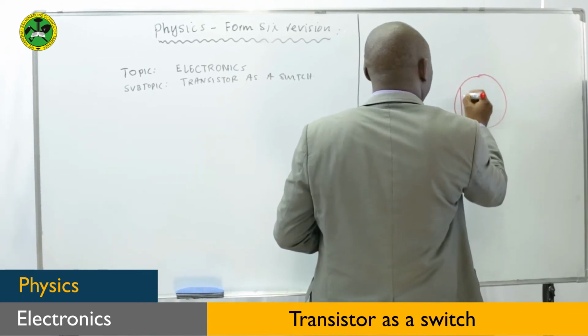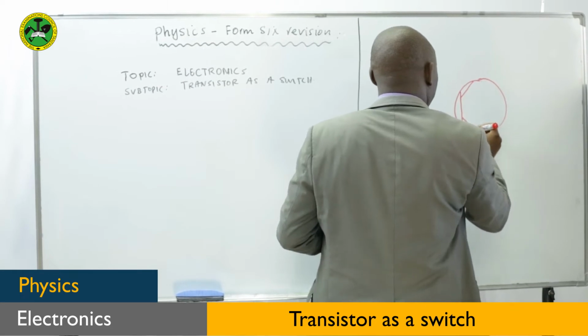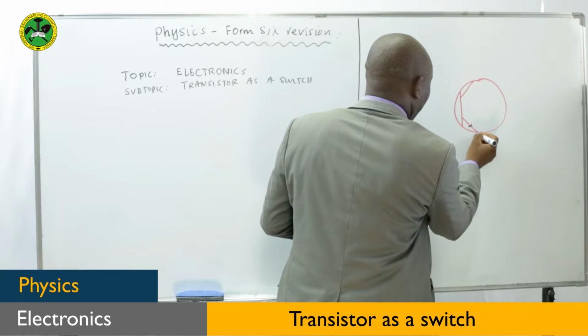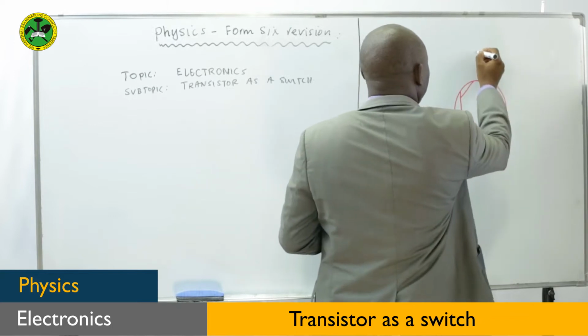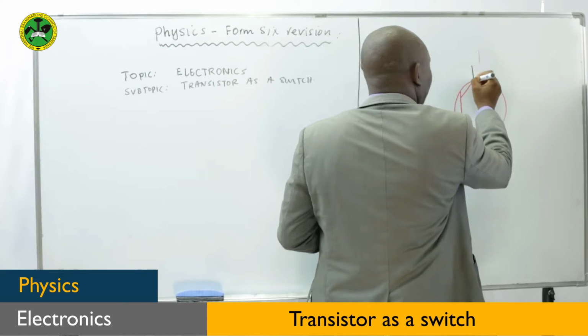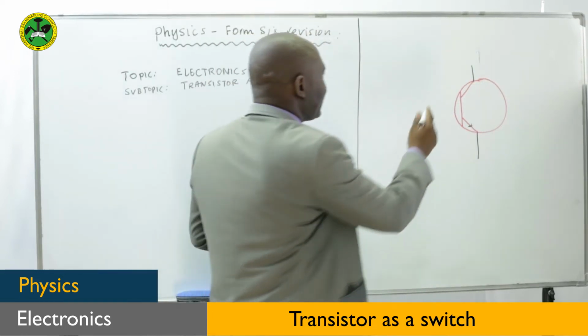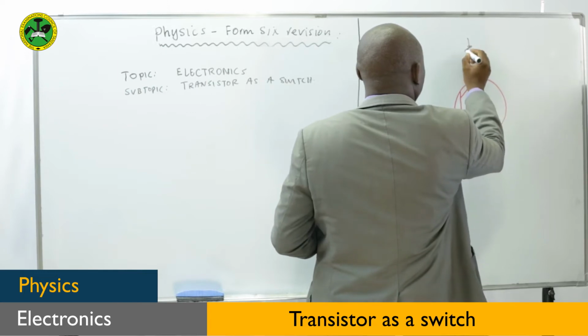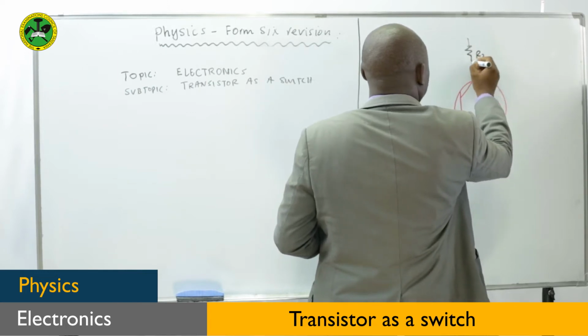This is our NPN transistor. The question says we had the load resistance, which is R2, so you have R2 here.